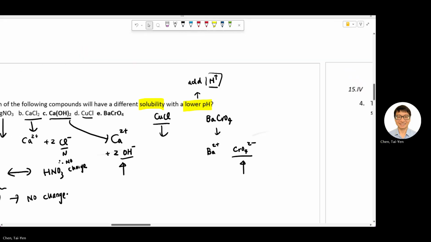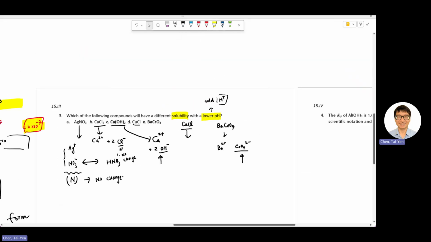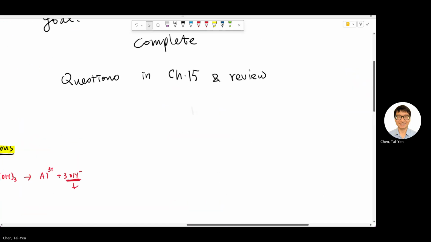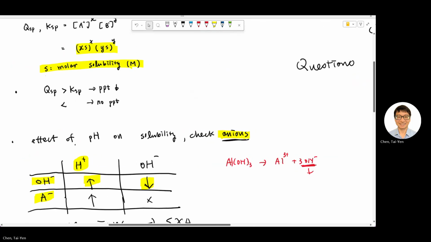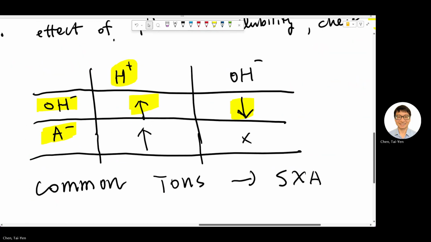Any question for this? Let me take a snapshot of this. Strong base, weak base, add in acid, add in base.